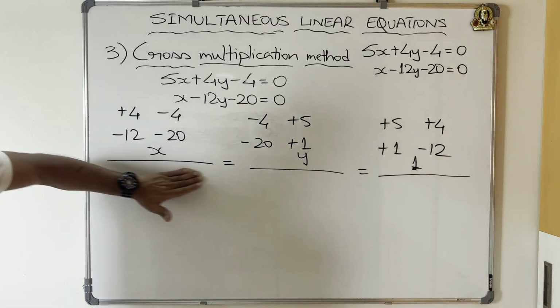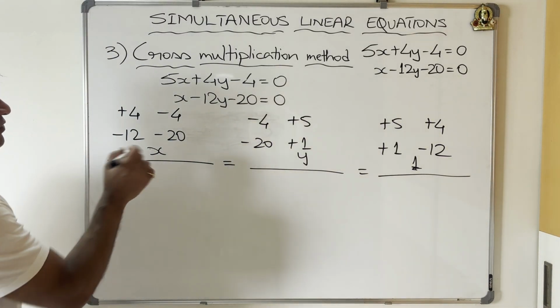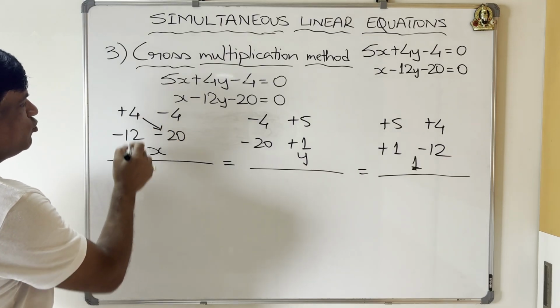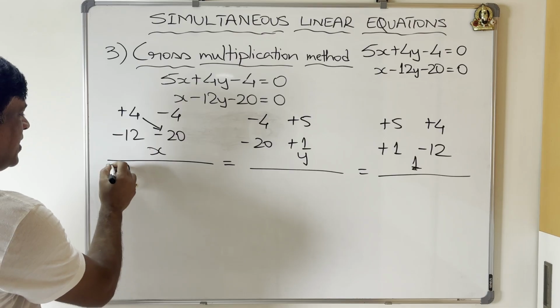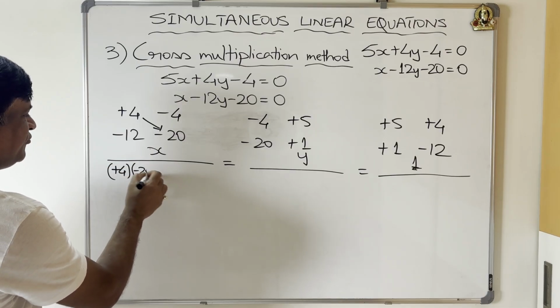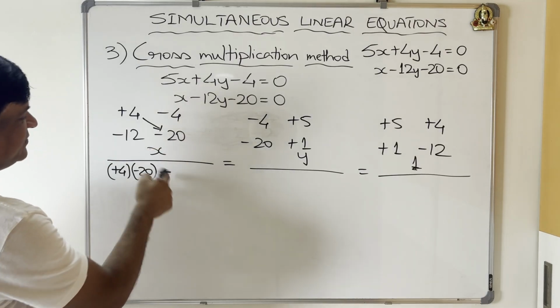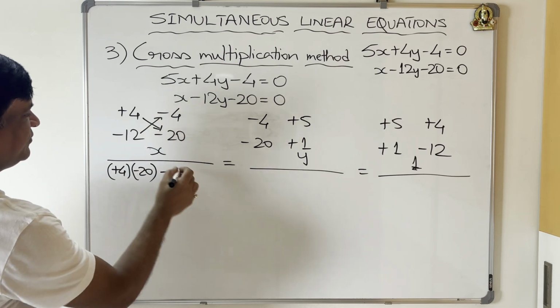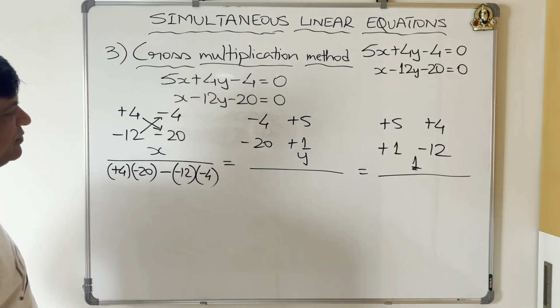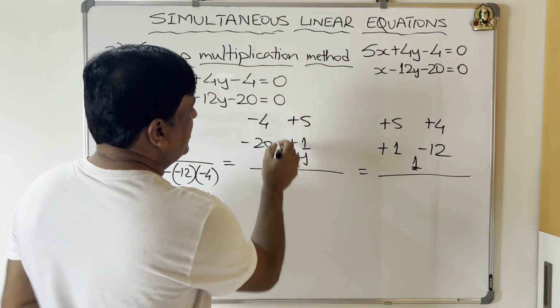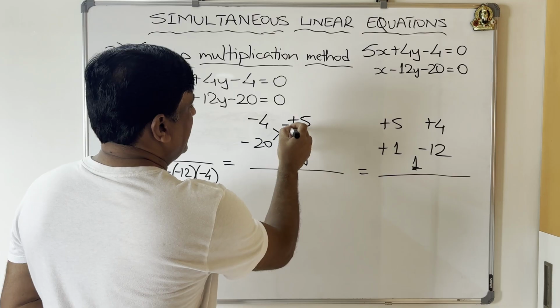Now what am I going to write in the denominator? It's very simple. You need to cross multiply these two. Plus 4 times minus 20 minus, outside this one into this one, which is minus 12 times minus 4. Similarly, I'm going to do the same thing over here. I'm going to cross multiply like this.